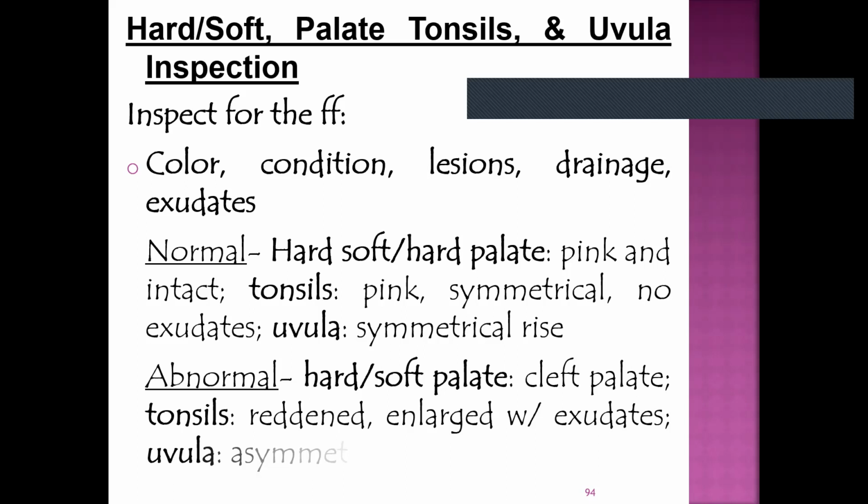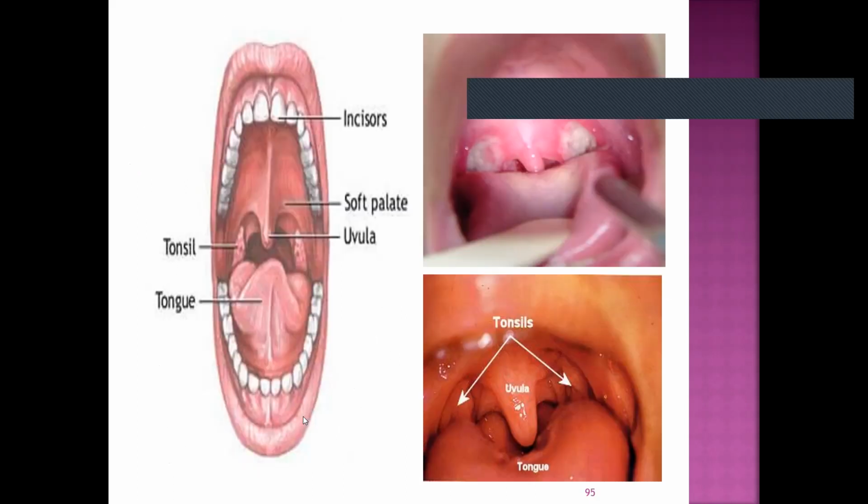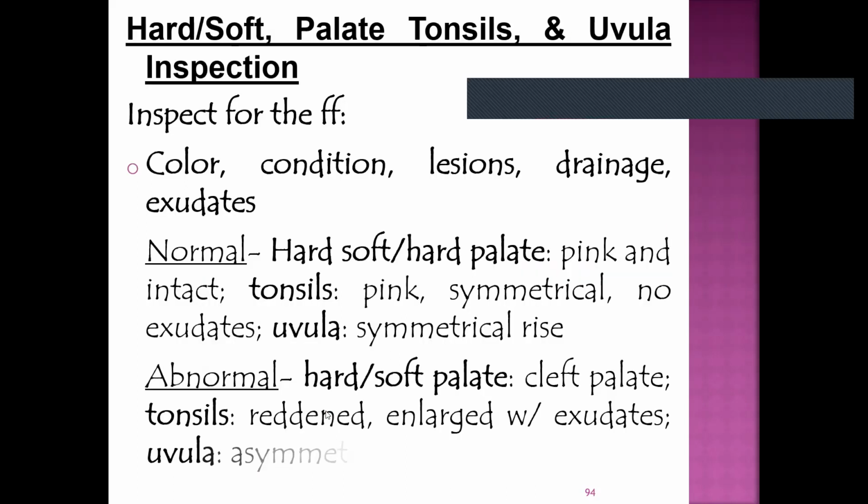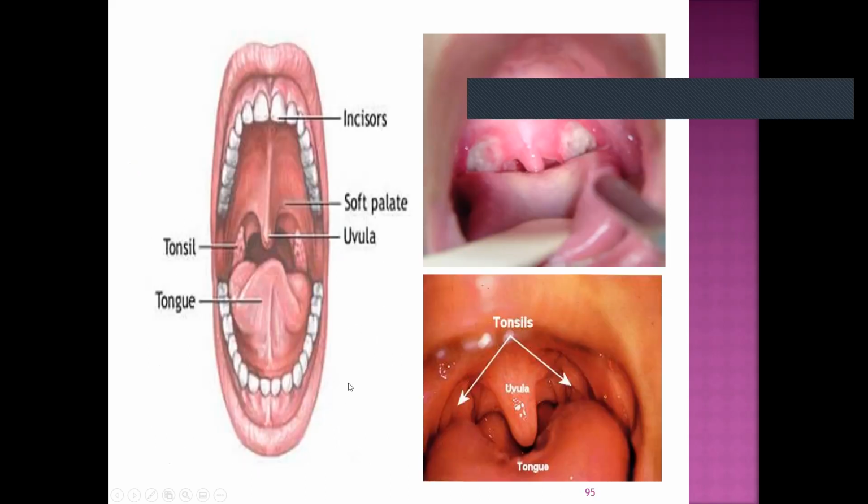If it is too big, you have to take note of this. And the uvula again has a symmetrical rise. This is your uvula, the one that hangs at the middle of your throat. And a review, this is your soft palate.